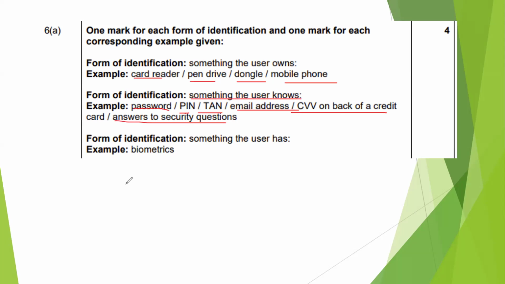Something the user has, like biometrics. These are the methods. You understand?